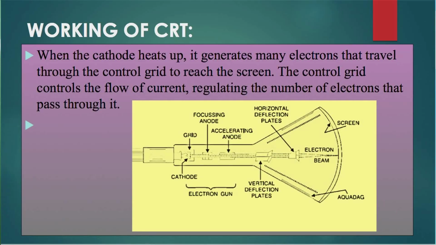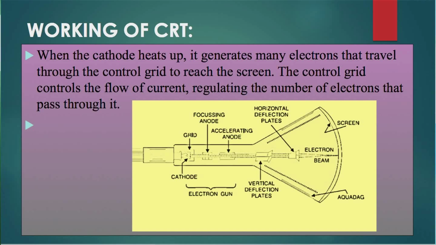Now let us discuss the working of the CRT. When the cathode heats up, it generates many electrons that travel through the control grid to reach the screen. The control grid controls the flow of current, regulating the number of electrons that pass through it.